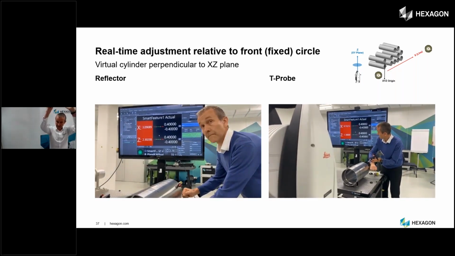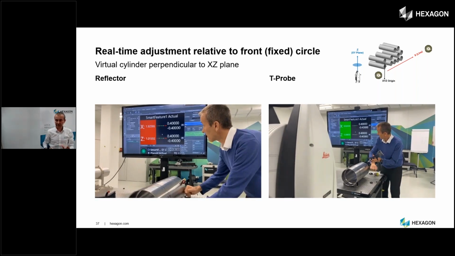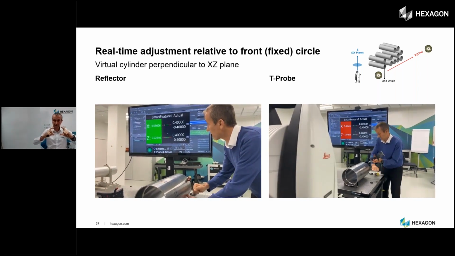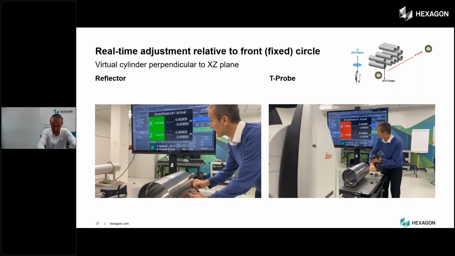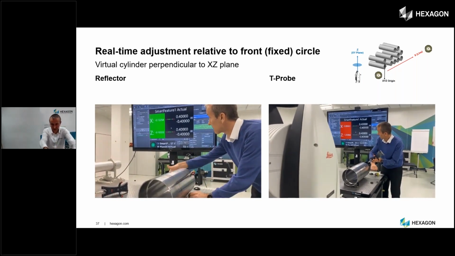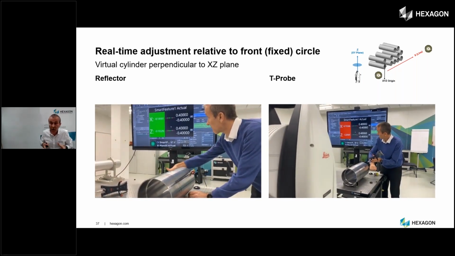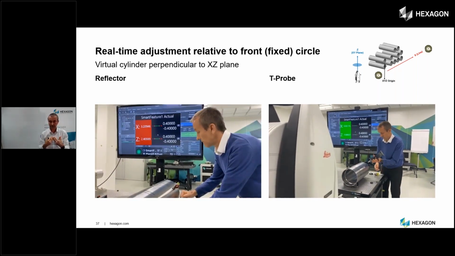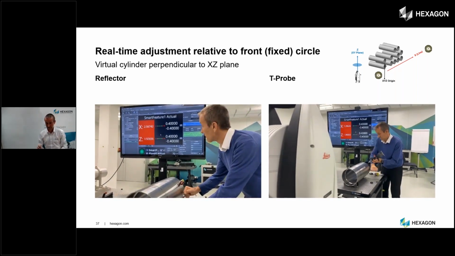Z-axis is upright by the oriented gravity capability. This is the reference plane. A front circle was measured, and now you project the second circle, the position there, to this circle in a way to a virtual cylinder, which sits perpendicular on the XZ plane.